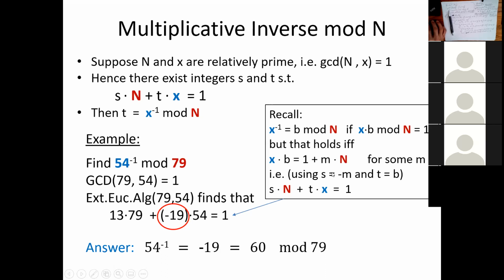Cutting down to the chase, if this equation is true, then just move s times n to the other side. t times x is 1 plus some multiple of n. Therefore, if you reduce it mod n, t times x is 1, because mod n this part vanishes. So t times x is 1 mod n, and that is the same as saying that t is a multiplicative inverse of x mod n. That's all this says.